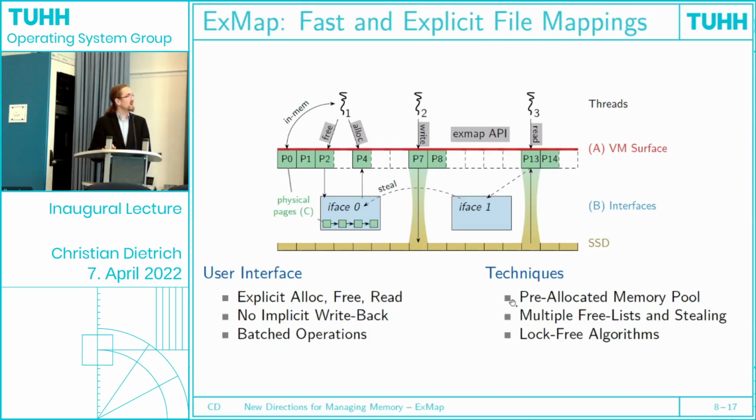We have a pre-allocated memory pool to avoid contention in the allocator. We use multiple free lists, with different free lists at interface 1 and 2, and every thread decides from which interface it takes the memory. And we use lock-free algorithms to manipulate the configuration of the MMU.